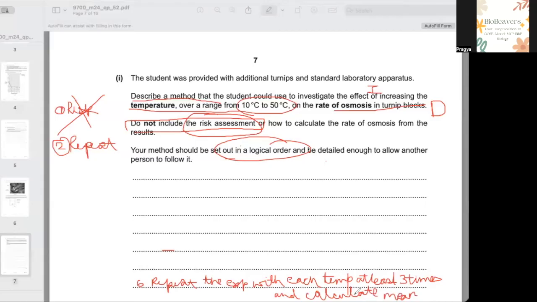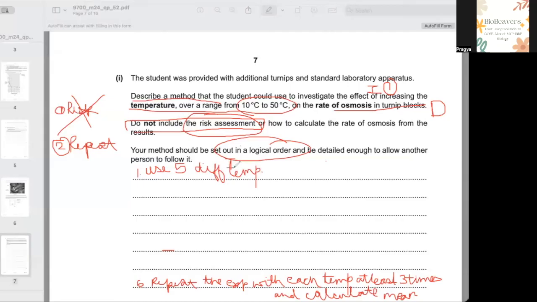Because in this question, out of the 6 marks, we already know that we've lost 1 mark, which they've asked us not to include. Now, coming back to our first point, which has to be about the independent variable. Okay, so we use 5 different temperatures. Always use 5 different independent variables. I'm using short forms here.